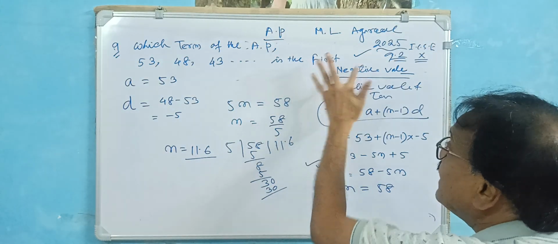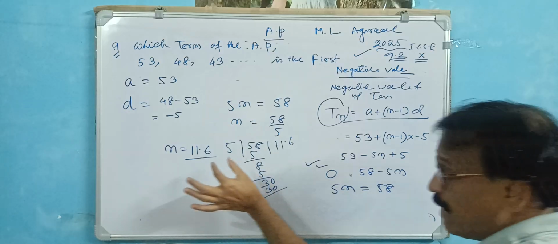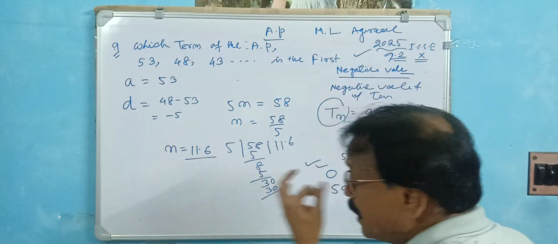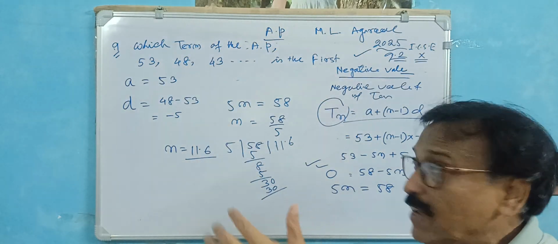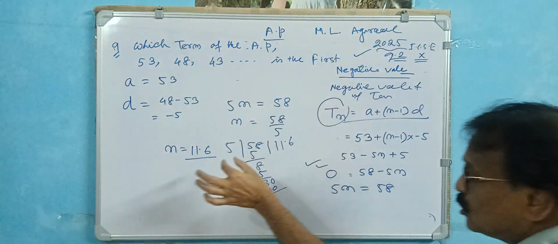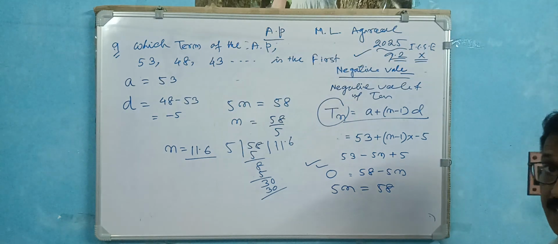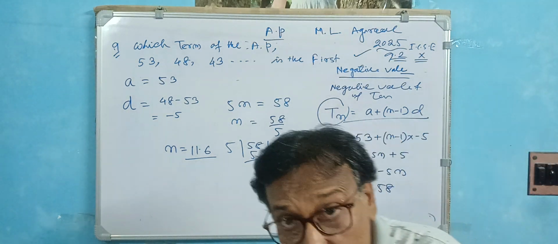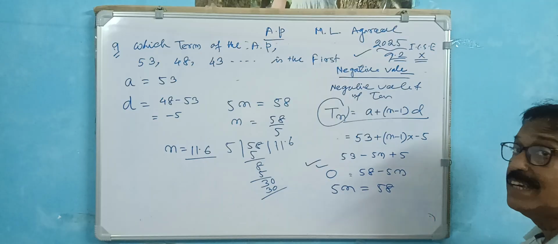Now the first negative value of the term, understand this well. When is 0 coming in the decreasing order? At 11.6, which is not a term, so 0 is not coming here.